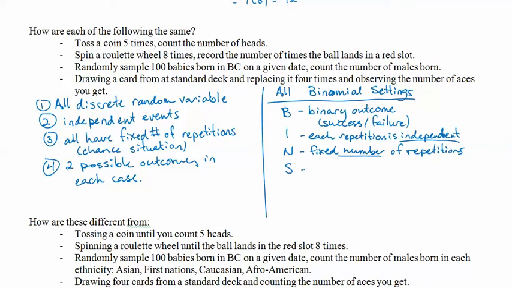And S refers to success, so the probability of success on each trial is the same. So you could also think of it as S for same.